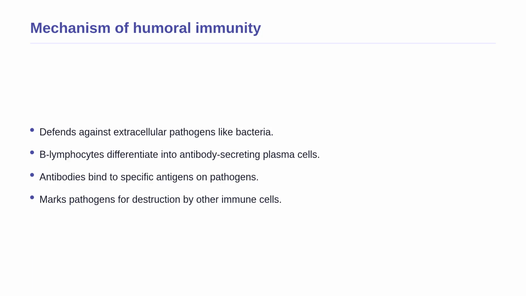These antibodies bind to specific antigens on the surface of pathogens, marking them for destruction or neutralizing their ability to infect. Without this system, a simple bacterial infection could easily overwhelm your body because nothing would stop the bacteria from multiplying rapidly in your bloodstream.